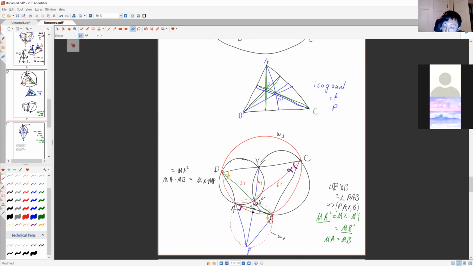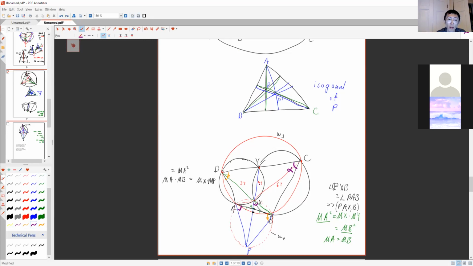One thing, oh no, hang on. So maybe I should label this with the purple angle too. This is also. And then, oh, actually, we don't know that yet. We haven't proven that D, X, B are collinear.